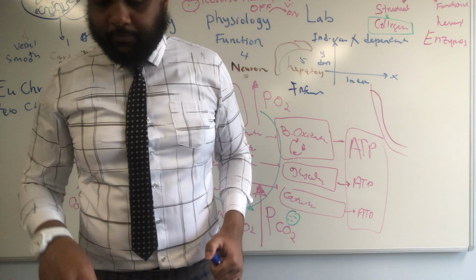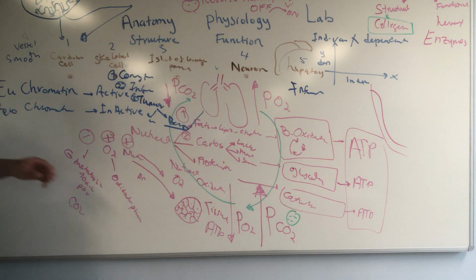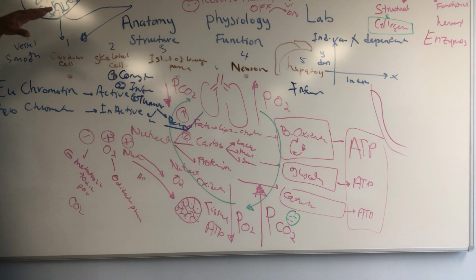So are we through with structure and function and how the structure is dependent on the function and the function is derived from the structure and how we use the DNA, the difference between euchromatin and heterochromatin, all that stuff? We got that part.